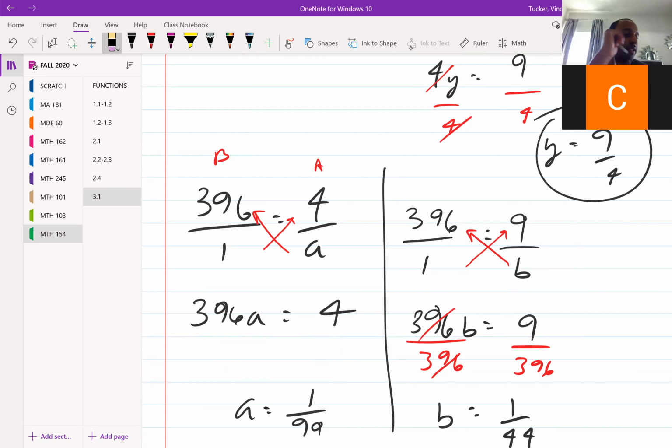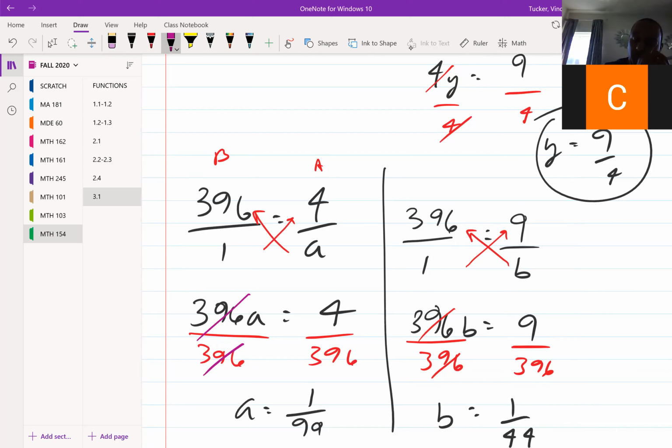That'll give me 396A equal to 4, because that's 1 times 4 on the right. Now you want to get A by itself, so you divide both sides by that 396. 396 will cancel, leaving you with just A on the left. And then 4 over 396 will reduce to 1 over 99.